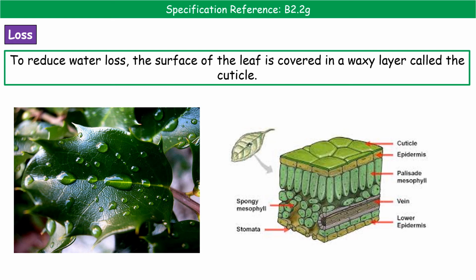Quite simply, it's a layer of wax that sits on the surface of the leaf, and depending on how thick it is, that's going to determine how much water loss is reduced. So plants in very hot areas where there's limited rainfall are going to have a much thicker waxy cuticle than those where there's plenty of rainfall.